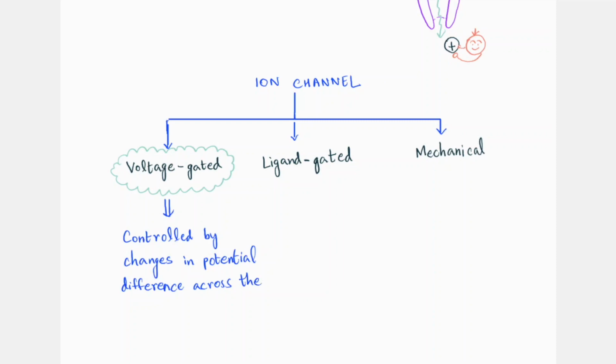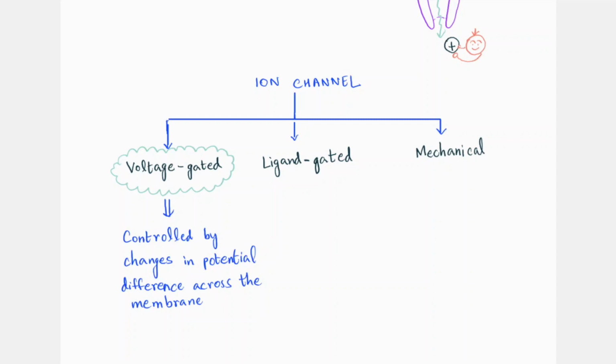Now, how the potential difference arises across the membrane is a different story altogether, and I'll come to it in just a few more minutes. But for now, just trust me, okay? Just trust that I am telling you the right thing, and know that it is controlled by changes in potential difference across the membrane. Okay, I'm not going into ligand gated and mechanical because it's not of much importance now. Perhaps in another video I'll delve into that.